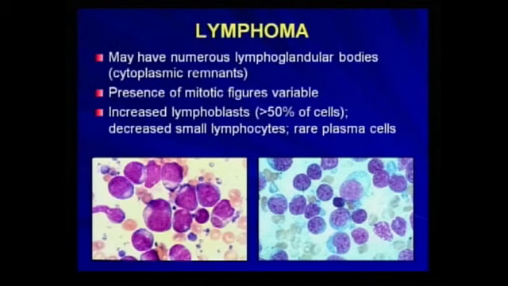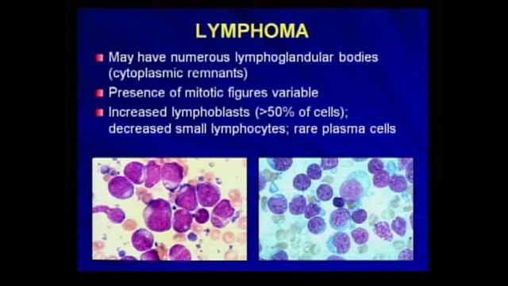But the vast majority of what you see, there will be a range. So that cutoff of 50 or even 40% lymphoblasts is something that we rely on here at the AFIP to make our cytologic diagnosis of lymphoma.